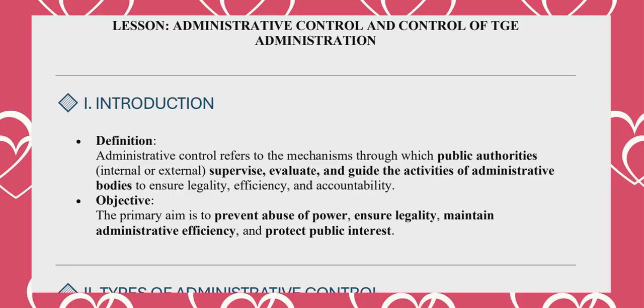So you can see clearly that the primary aim of administrative control is to prevent the abuse of power, to ensure legality in public service, to maintain efficiency in public service, and to protect the satisfaction of general interest.